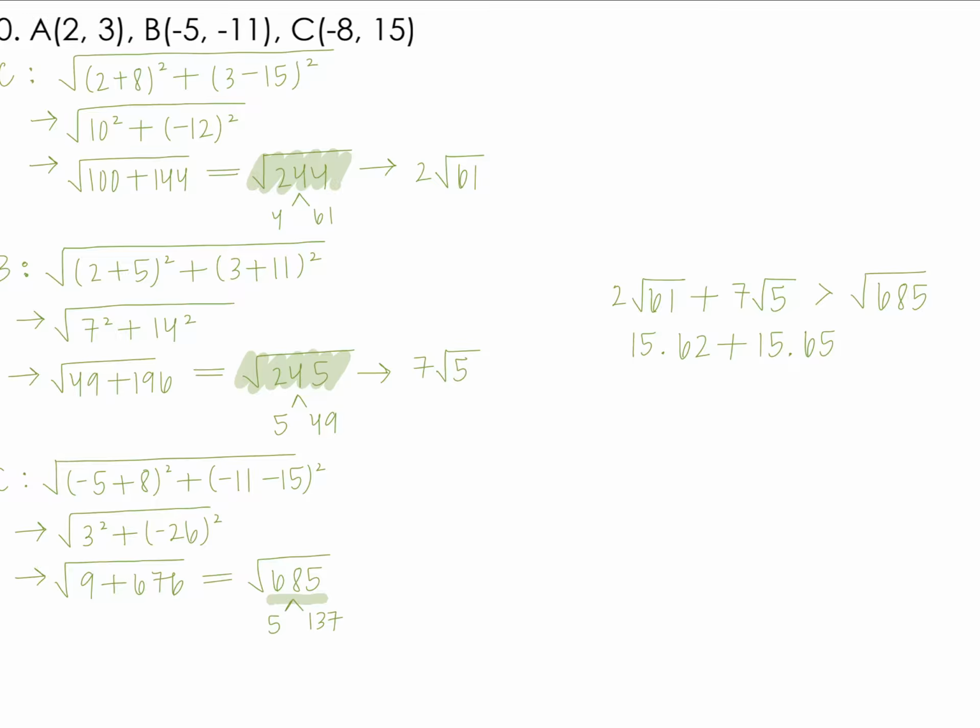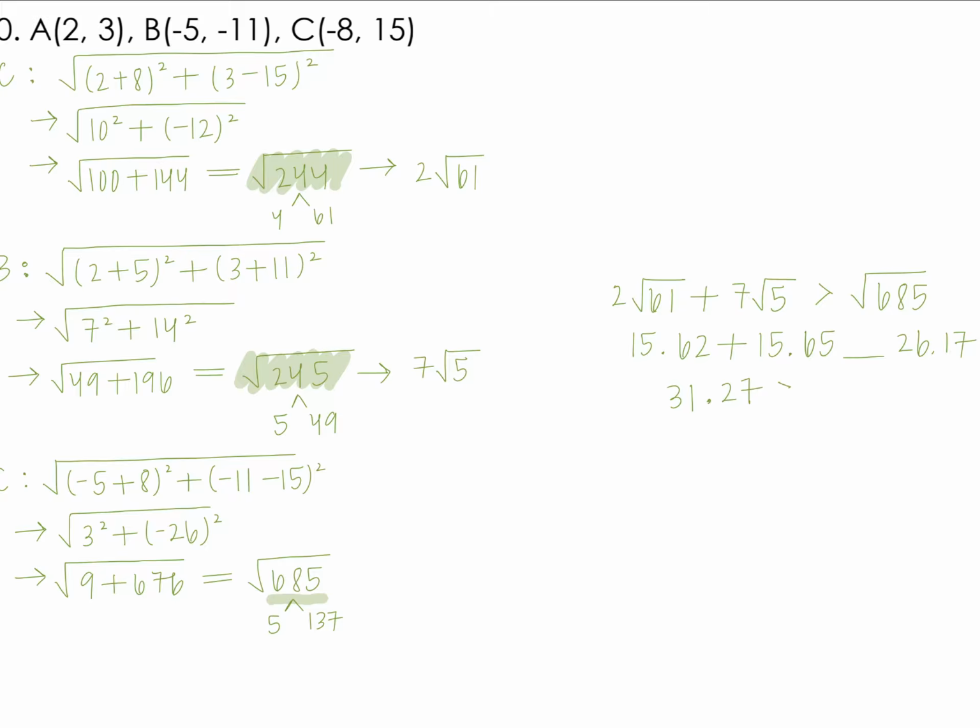And then lastly, my square root of 685 is going to give me roughly about 26.17. All right, so when we add these 2 together, we are going to get, say, 31.27.